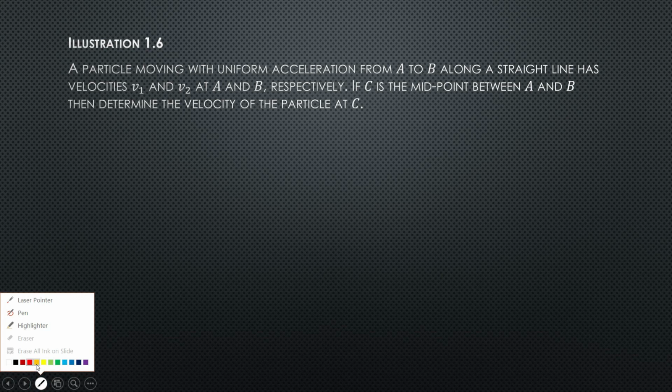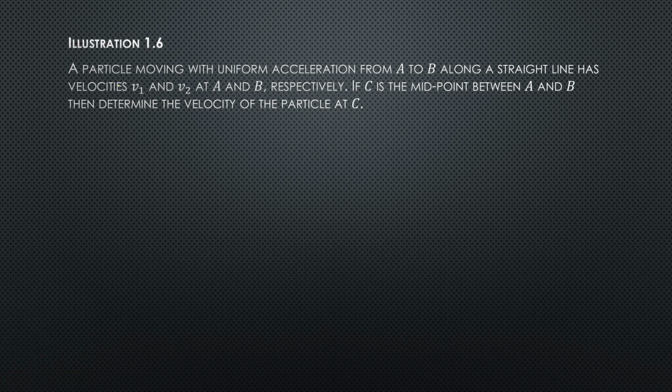Let's say a particle is moving from point A to point B. Say this is point A, and along the straight line, this will be point B. The initial velocity at point A is v1 and at point B it is v2.